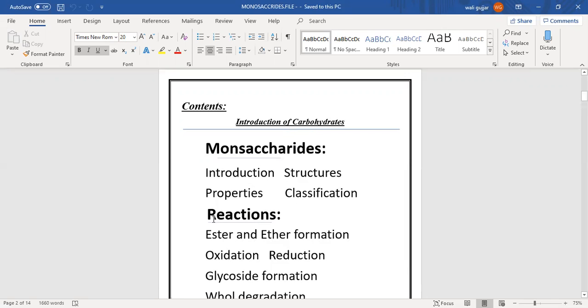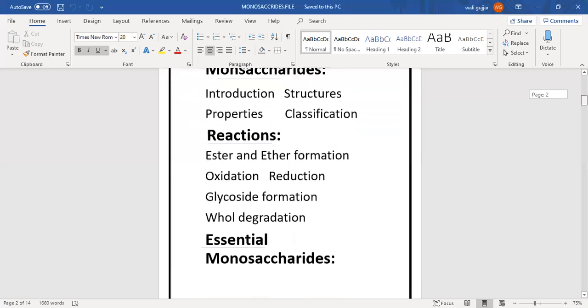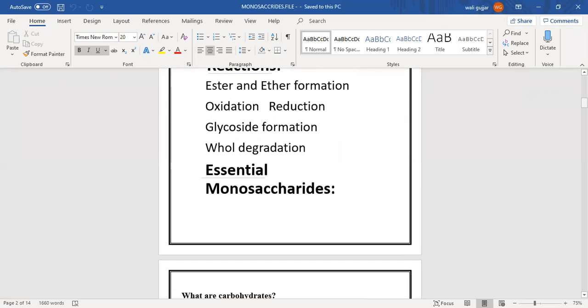After that, I'll discuss reactions of monosaccharides: ester and ether formation, oxidation reaction, reduction reaction, glycoside formation, mole degradation, then moving towards essential monosaccharides.